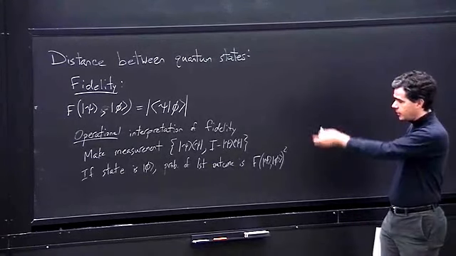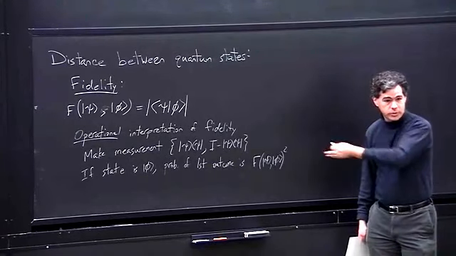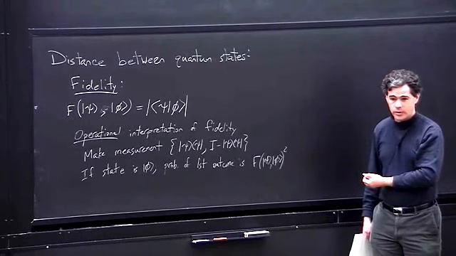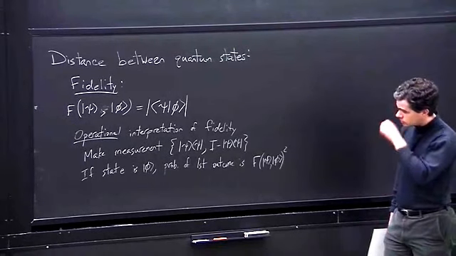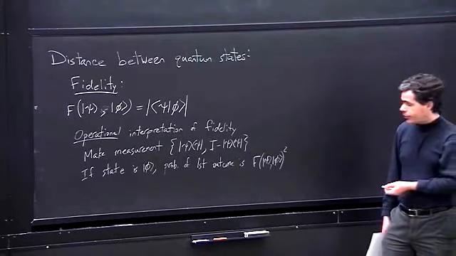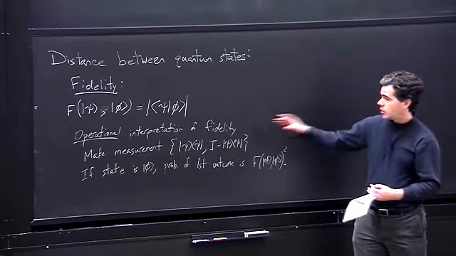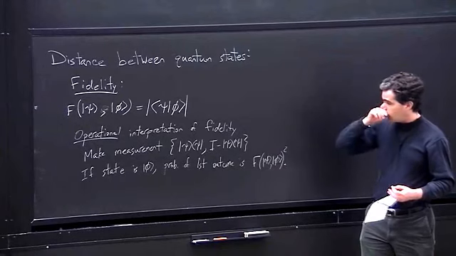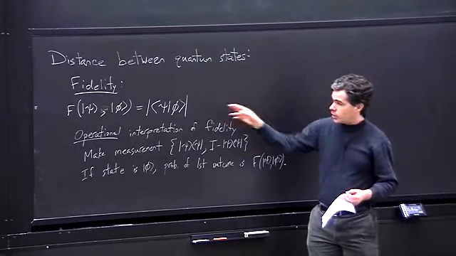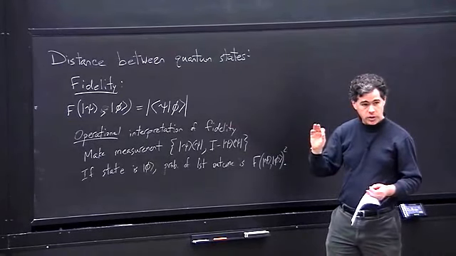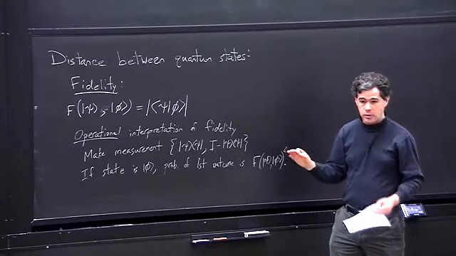Right? That's basically just Born's rule, the simplest measurement rule in quantum mechanics. Okay? So this operational interpretation you can start to generalize to the case where we're looking at the distance between a pure state and a mixed state.